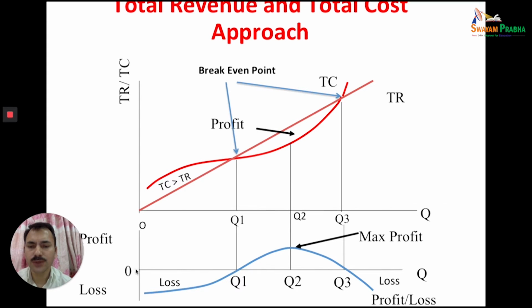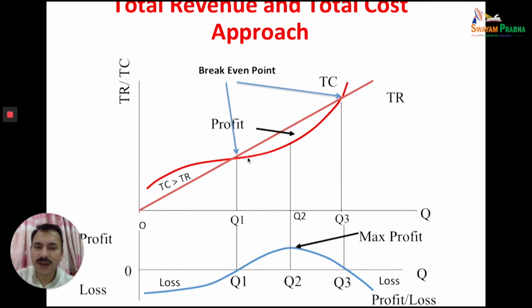If the firm produces up to OQ quantity, below this point total cost is greater than total revenue, so the firm will incur a loss here. And when the firm is able to produce OQ quantity, there is no profit, no loss. Total revenue is equal to total cost, so it's a break-even point.